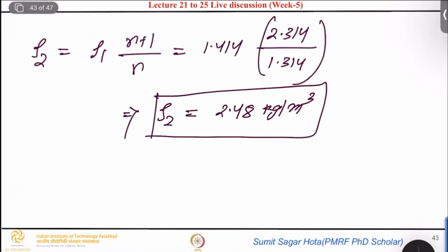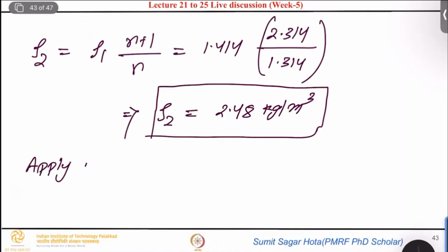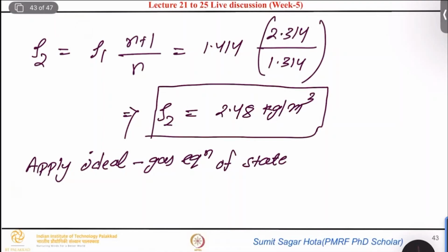Now applying the ideal gas equation of state to find P2.